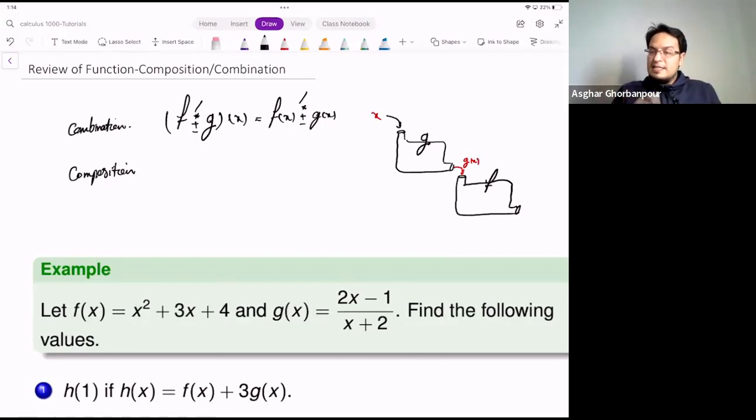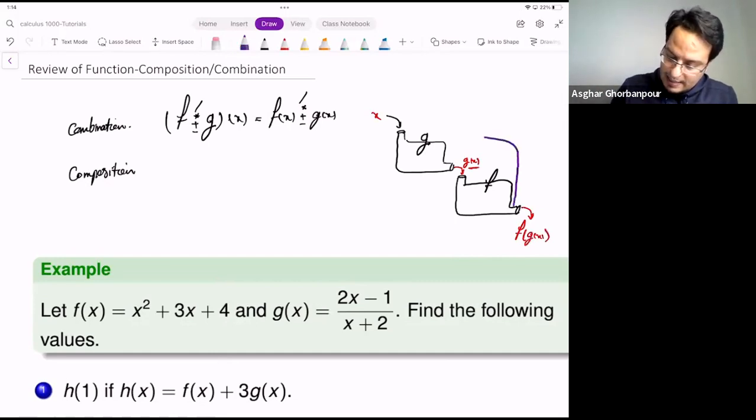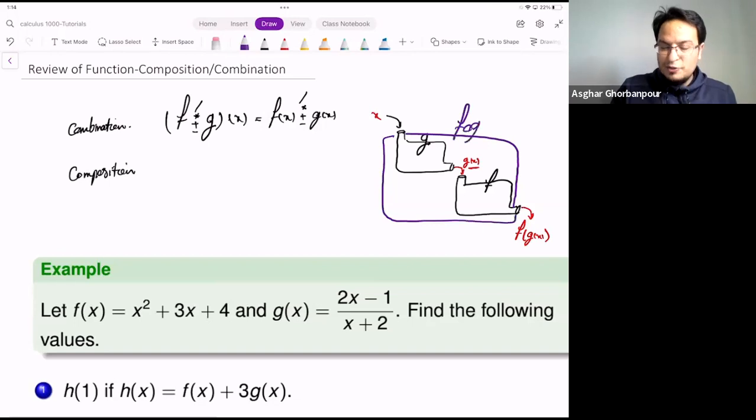If that g of x is in the domain of f, the outcome will be the output of f evaluated at g of x. In other words, you compose these two and define a new machine, you put it in a new box.